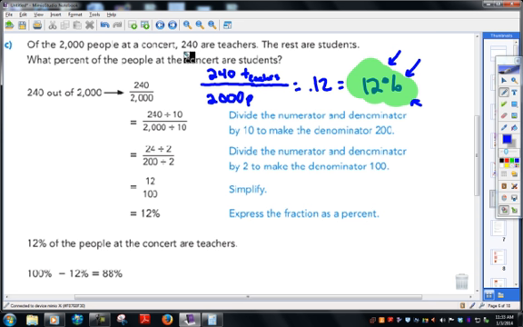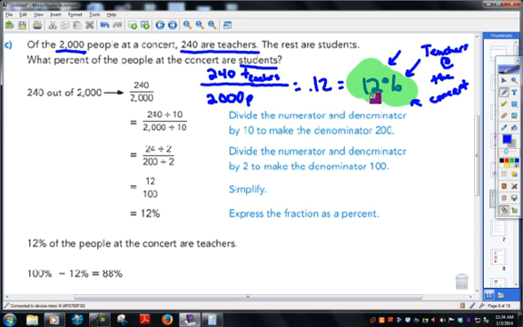Read what it says. It says 240 are teachers out of the 2,000. The rest of the people there are students. Okay? What percent of the people at the concert are students? This is not the percent of the people who are students. This is the percent of teachers at the concert.